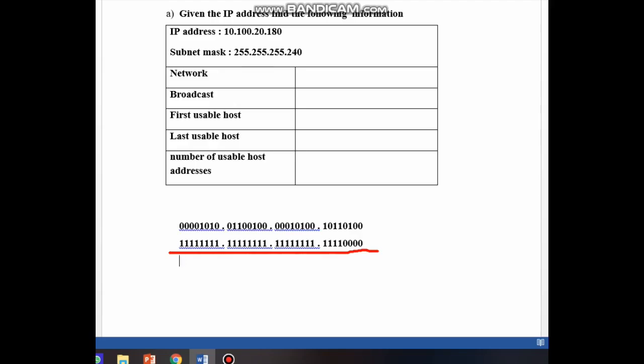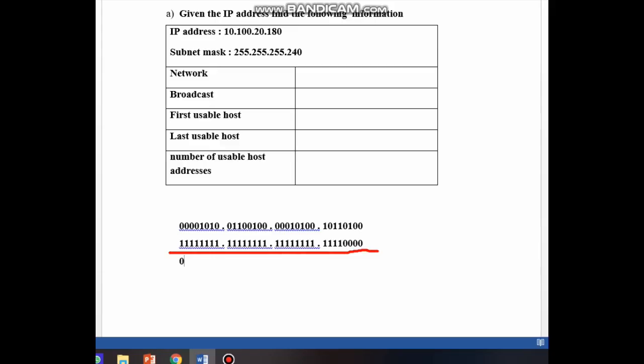So if we AND 0 and 1, the AND operation will only give you a 1 if both the bits are 1, and if any or both of the bits are 0, then this binary ANDing operation will give you a 0.